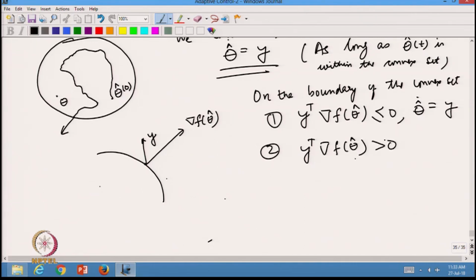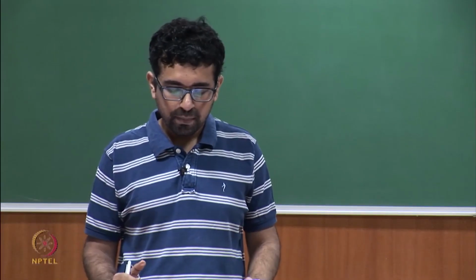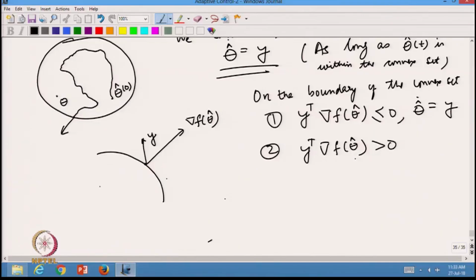So, this is the case where we know that the estimate is trying to move outside of this closed convex region, and that is when we want to project it back. So, how do we project it back? We do not stop the updation, rather we take the projection of this y along the tangential plane.